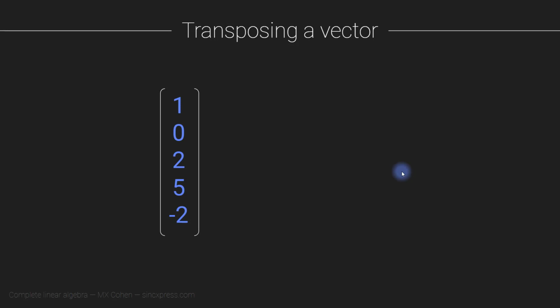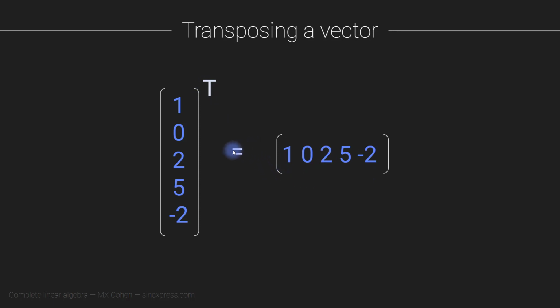I've already mentioned to you this concept of transposing a vector or a matrix. So let's see what this operation actually means. So here we have a vector. This is a column vector. In particular, it is a 5-dimensional column vector. And we can transpose this column vector, and that converts this column vector into a row vector.